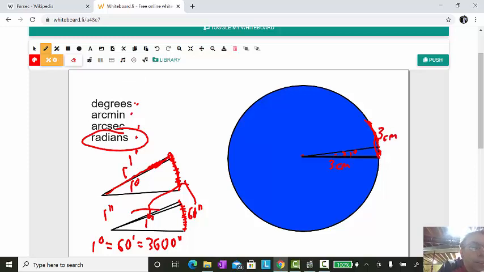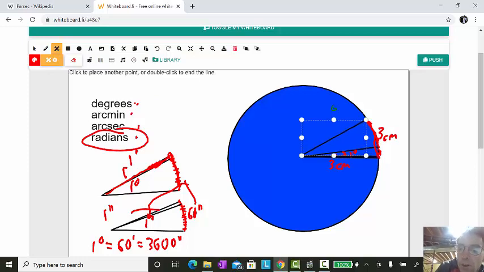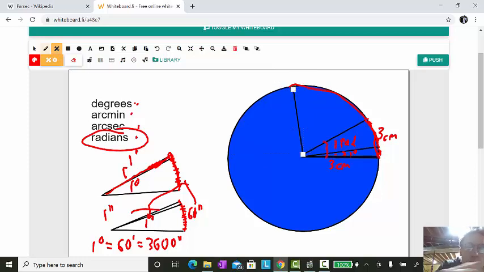And then when it does, it reaches a point where we're not going to call this an angle anymore. We're going to call it a radian. So that's 1 radian. And if I have it go another 3 centimeters, then it will have gone 2 radians. And another 3 centimeters, then it has gone, obviously, 3 radians.